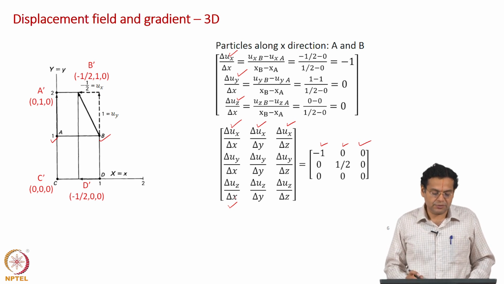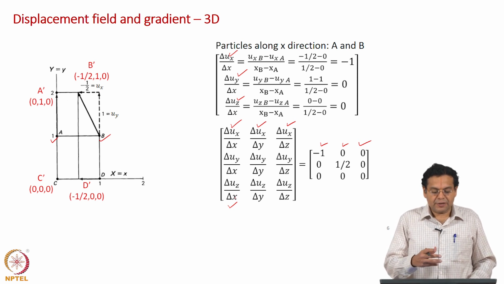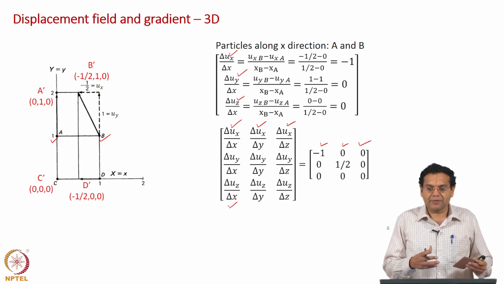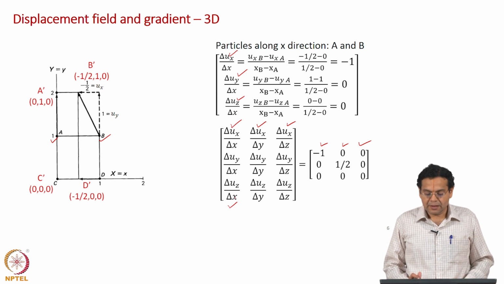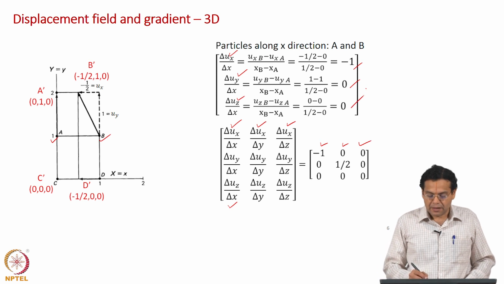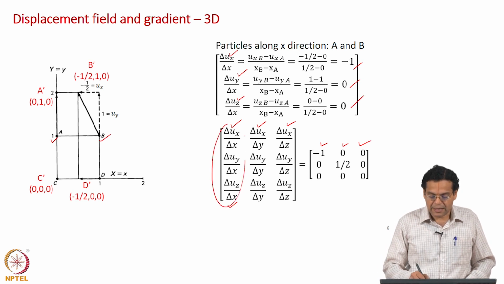So, two things we will do. First, instead of attaching this displacement gradient tensor to a particular example, we will derive a more general expression, which is going to be the same, but in a more general sense, and also we will automatically understand why we arranged these values along a column rather than a row.